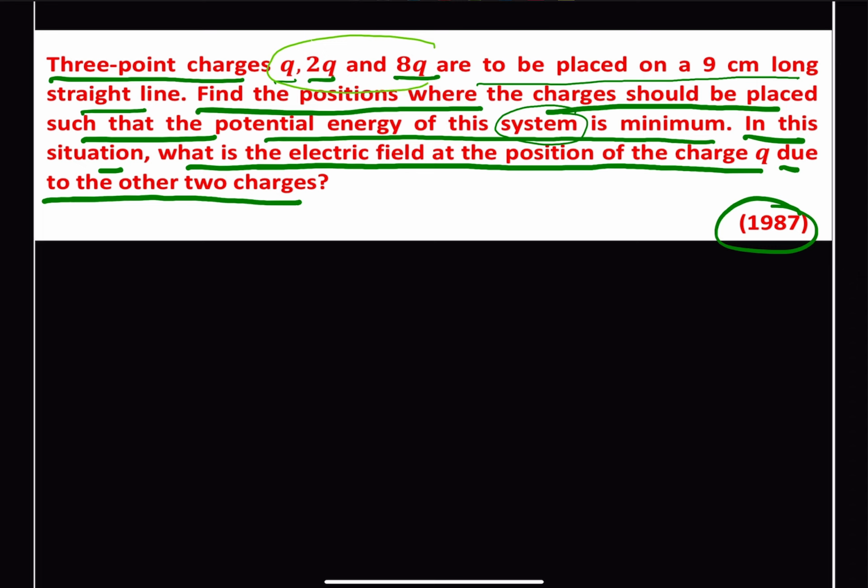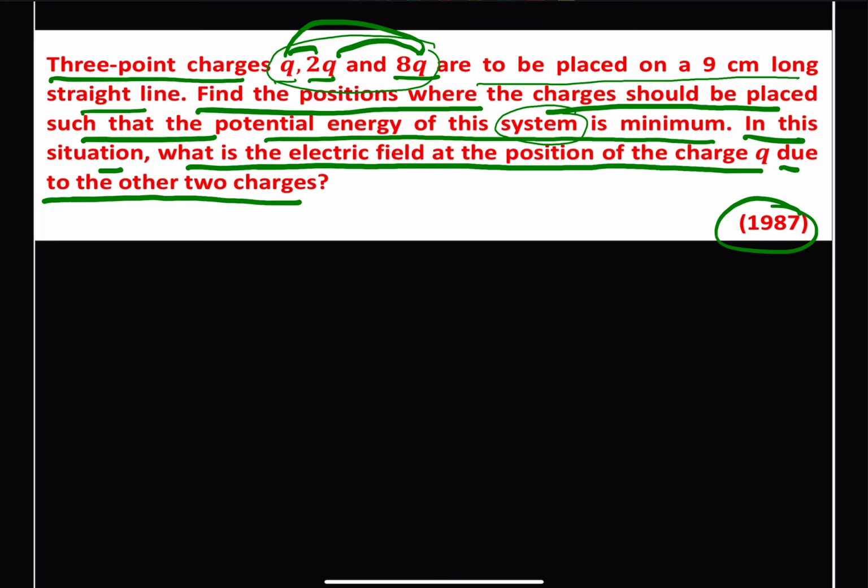So there will be, we can say, the energy because of the interaction of the charges Q and 2Q, then it will be 2Q and 8Q, and the last one will be 8Q as well as Q. And we know that the potential energy of 2 point charges is given as Q1 multiplied by Q2 divided by 4 pi epsilon naught and divided by R, where R is the distance between them.